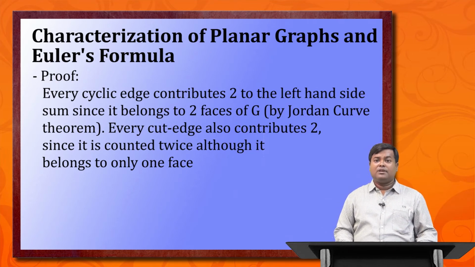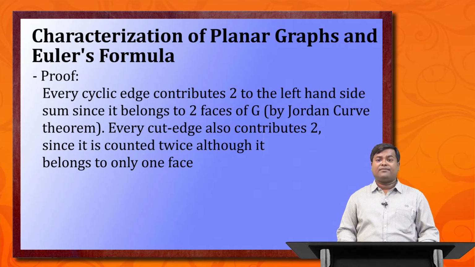So if we have a total of m edges in the graph, the total degree equals twice m. We have written down that proof here. Every cyclic edge contributes 2 to the left hand side sum, since it belongs to two faces of G by the Jordan curve. Every cut edge also contributes 2, since it is counted twice, although it belongs to only one face. So therefore, twice m equals the summation of the degrees.